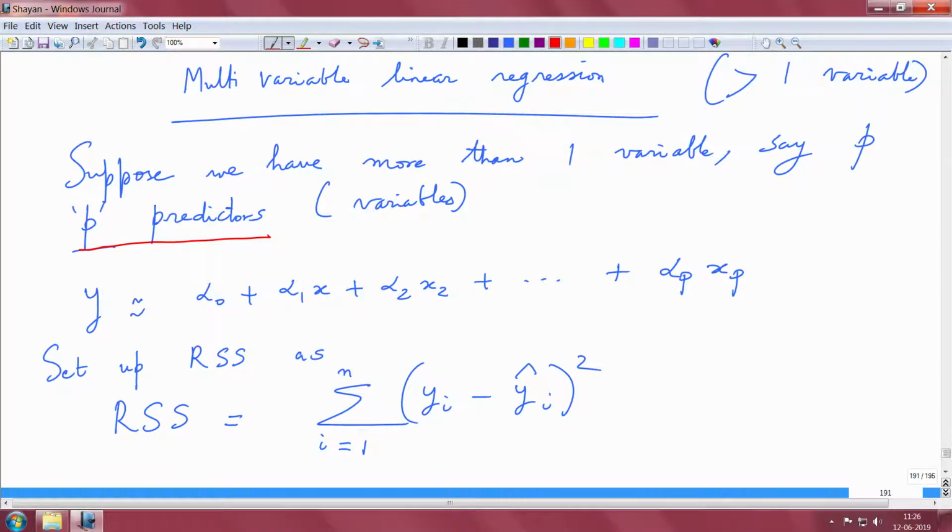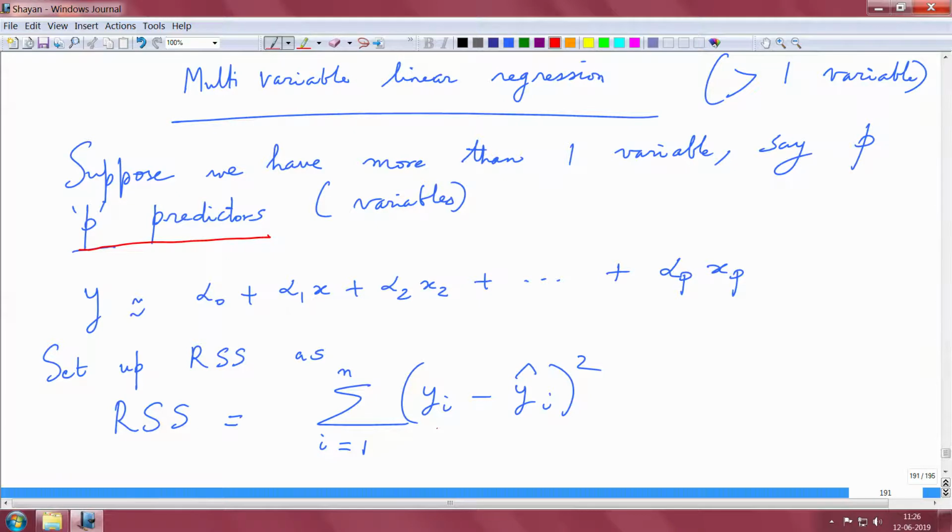These are my variables. For example, if you think about the agriculture example involving the crop yield problem, we have the pH content of the soil, the moisture, pest control, etc. These are all the variables that I have, right. Now you set up the residual square sum as summation i equals 1 to n, yi minus y hat, squared.